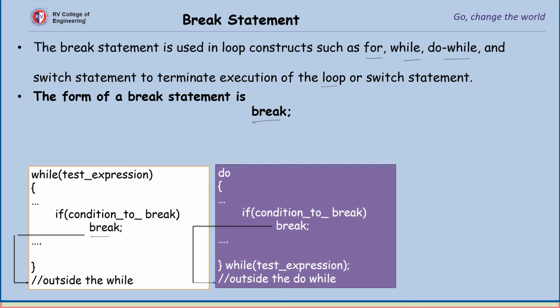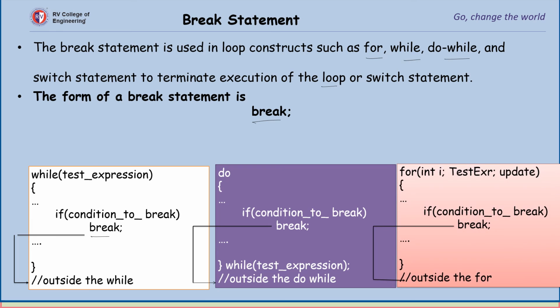Similarly, if you have the break statement inside a do while, again the control is brought out of the do while. In case of for, it brings the control outside the for. If you make use of the break statement inside a switch, you bring the control outside the switch block.